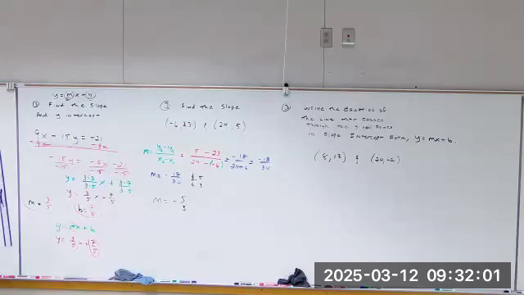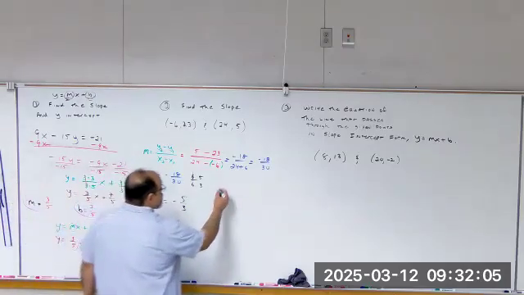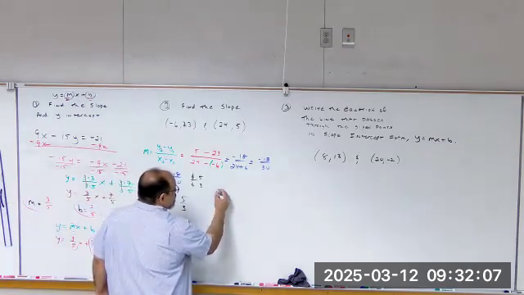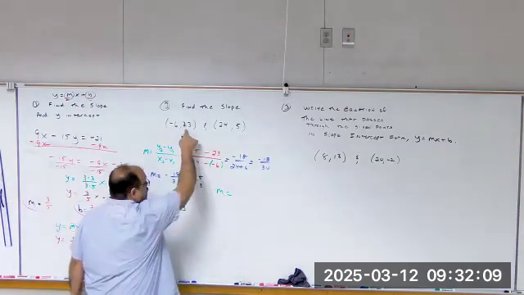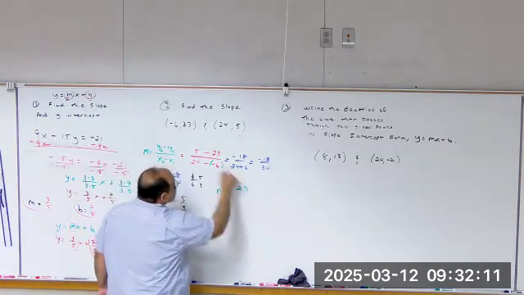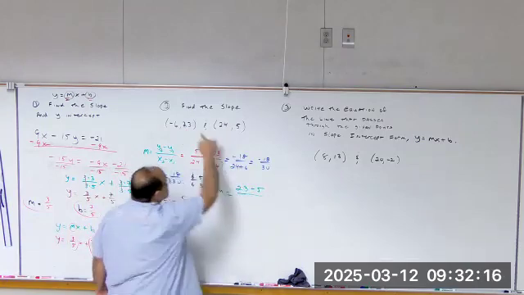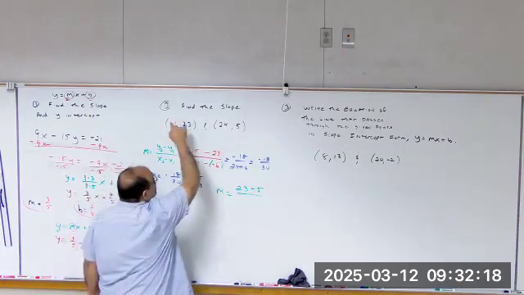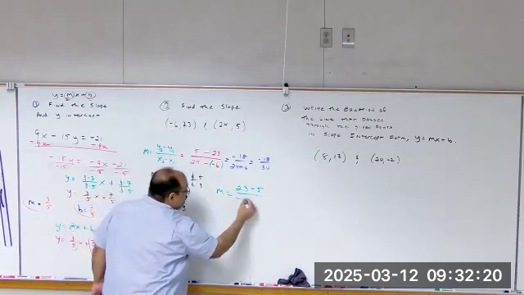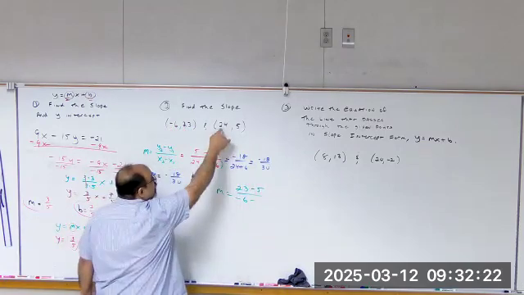If I use the other points, I get the same answer. If I do the slope and start with 23, 23 minus that y, 5. If I start from here, I have to start from this x, negative 6 minus that 24.